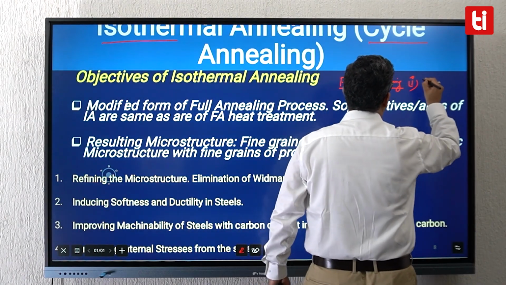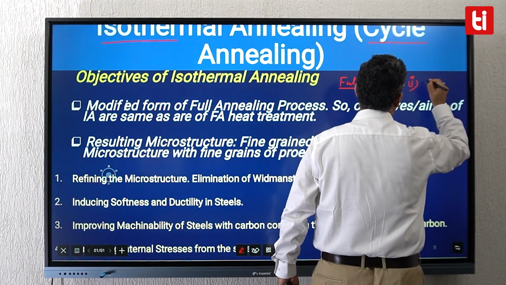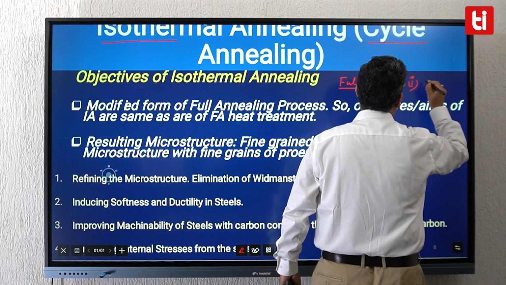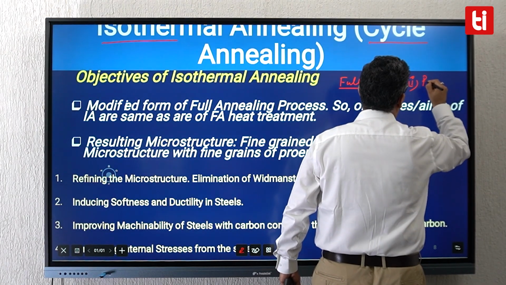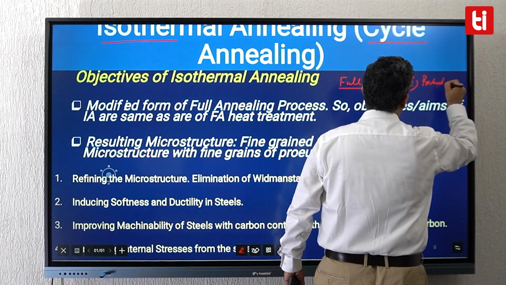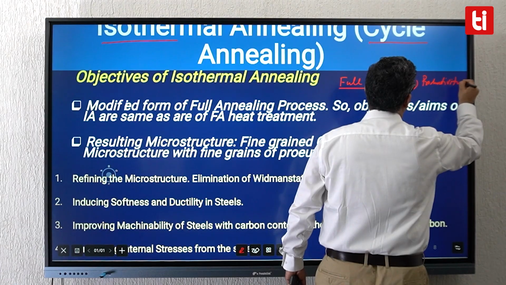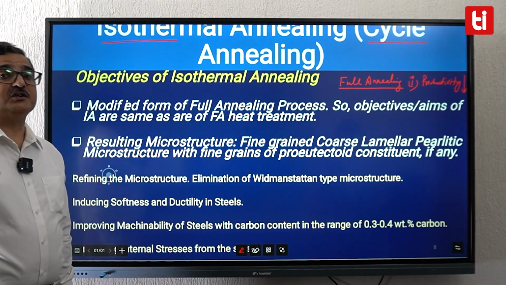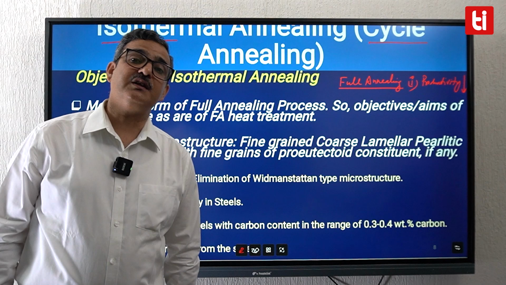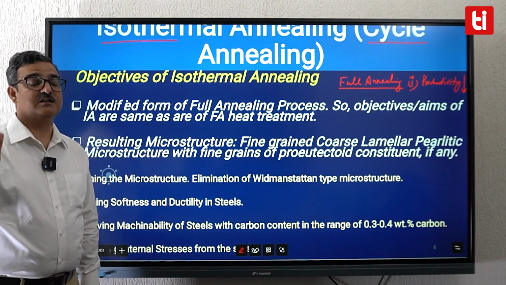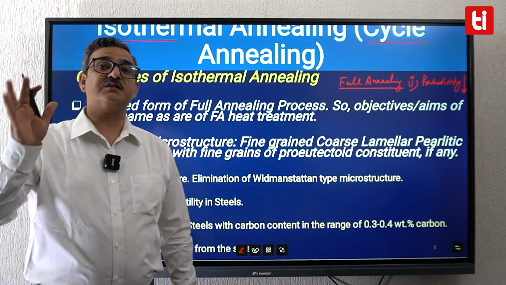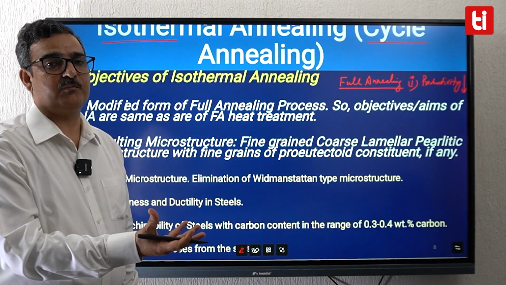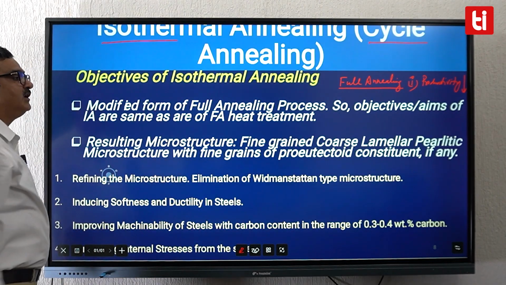What is that? It takes a lot of time to get completed, which makes it very costly and a process with very low productivity. So full annealing generally is not used in the industry unless no other alternative is available. The alternative generally would be normalizing or isothermal annealing.